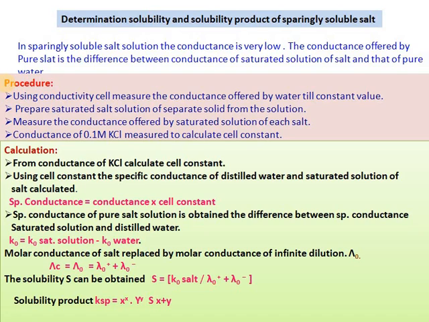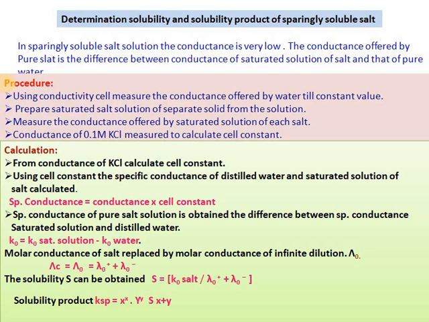Now we find the specific conductance of the pure salt solution, which is obtained by the difference between the specific conductance of the saturated solution and that of the distilled water.